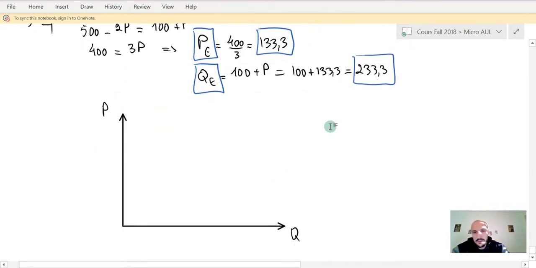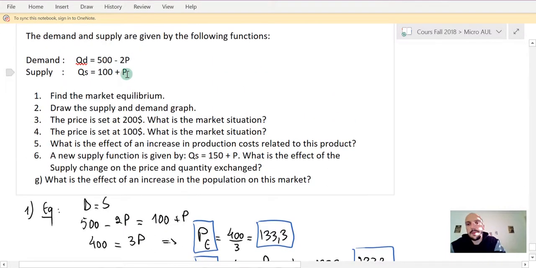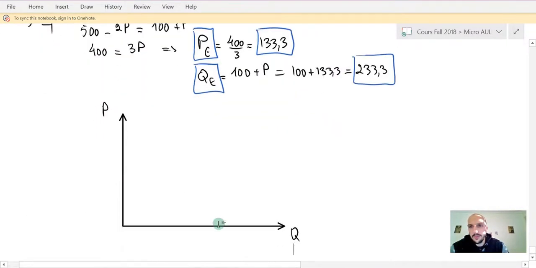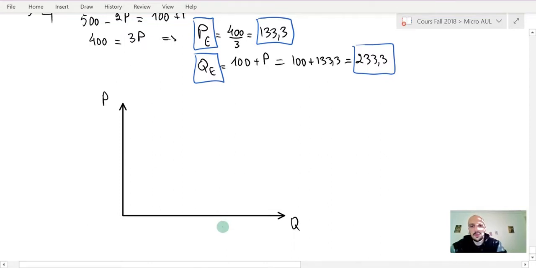We said that when P equals 0, quantity demanded is 500. So here, let's say up to 500, and when quantity demanded equals 0 it goes to 250. So this is our demand, roughly, quickly.